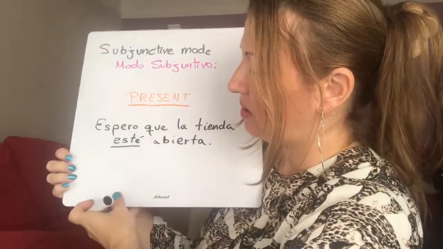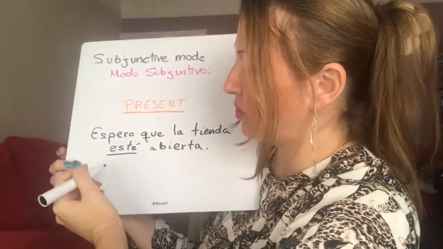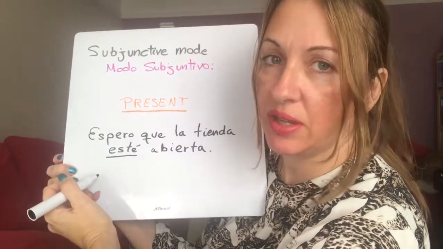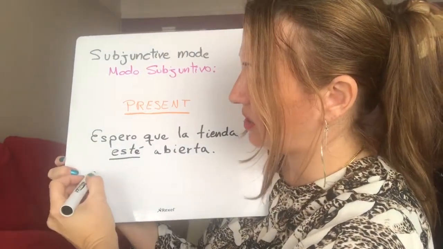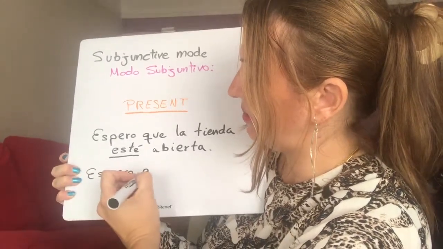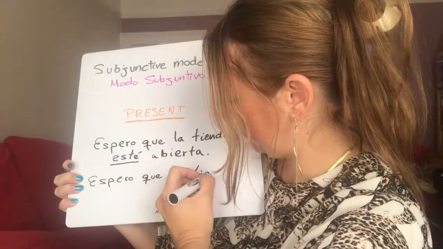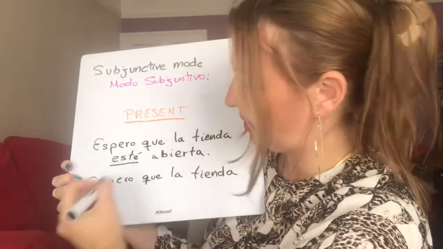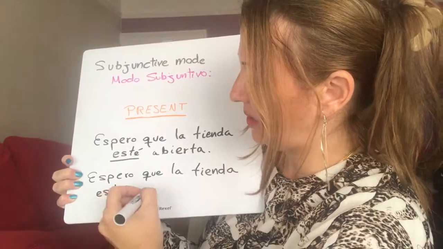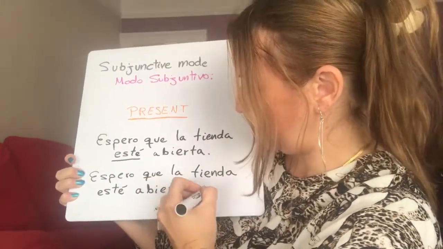But I can use the present tense of the subjunctive mode to refer to the same thing but meaning a different time in the future. So I could say, "Espero que la tienda esté abierta mañana."